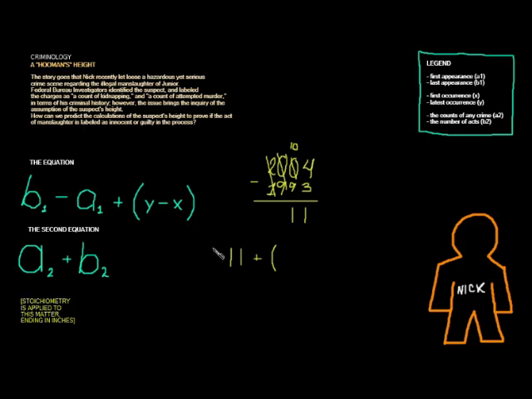So for y, we have the latest occurrence, which in this case is 2008. And now we're going to subtract x, the first occurrence, which is 2001.